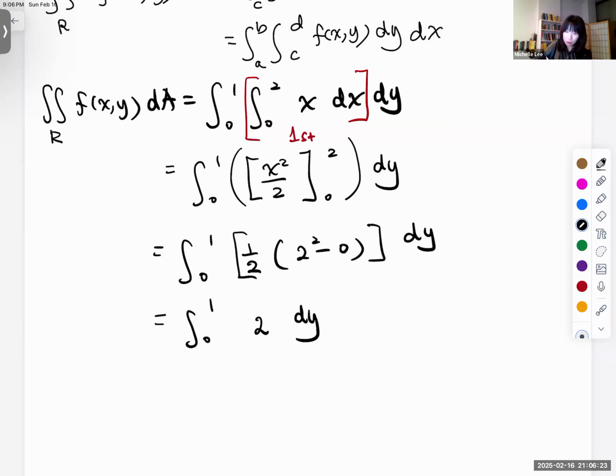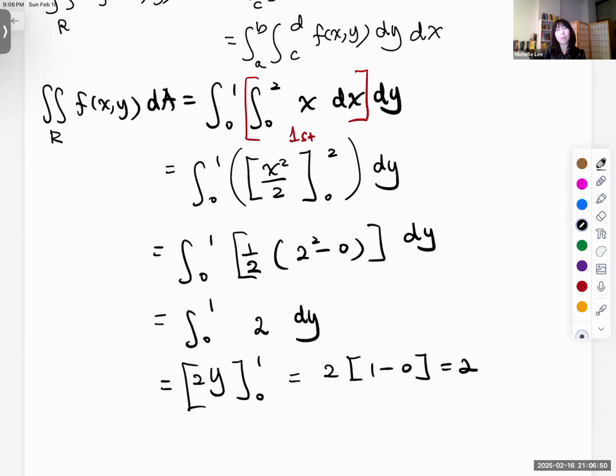Now we want to integrate with respect to y. Then we get 2y, from 0 to 1. Okay, then what do you get? We have 2 times 1 minus 0, which is 2. Yeah. Okay, let's do the other way.